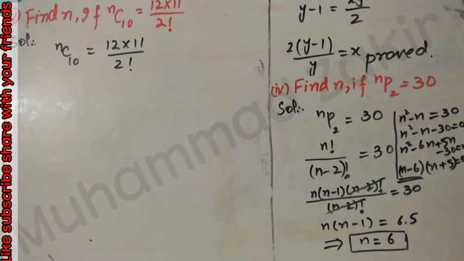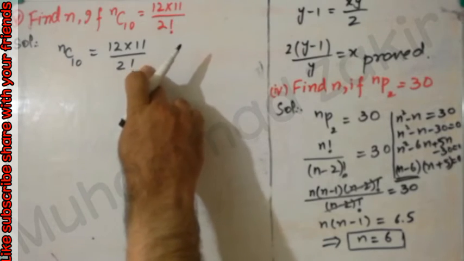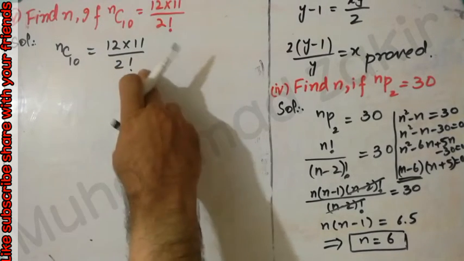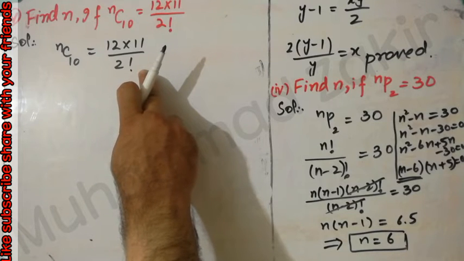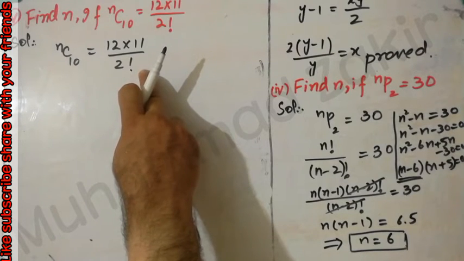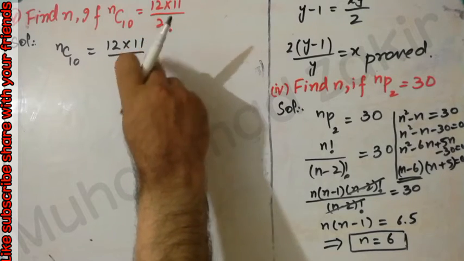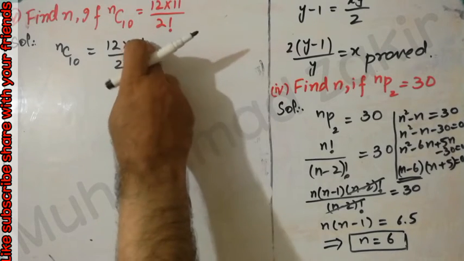Dear students, if we would like to convert this into nCr form, this can also be converted. How can we convert? We multiply and divide by the factorial of the number which is one smaller than this.